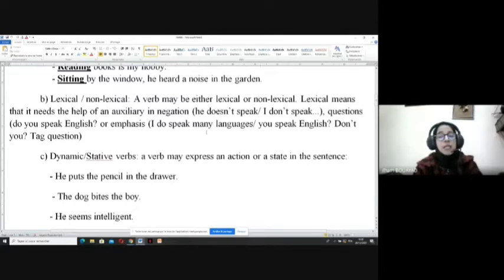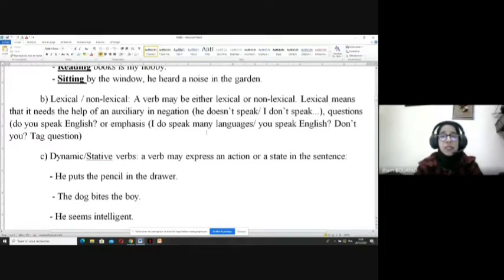It doesn't function as a main verb, but it is a semi-modal, or we call it a modal auxiliary. The same case for dare. I can say, I don't dare. I can say, I daren't. When you find, I don't dare, in a sentence, it means that dare here is functioning as a main verb because it takes do to make a negative sentence. So it is lexical. While in other sentences you may find, I daren't say that.